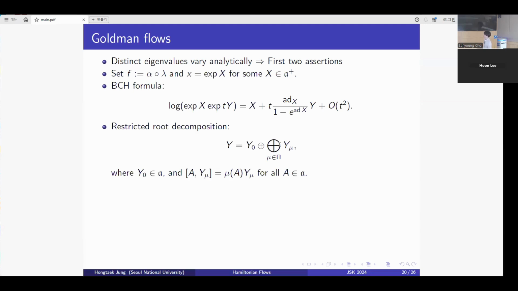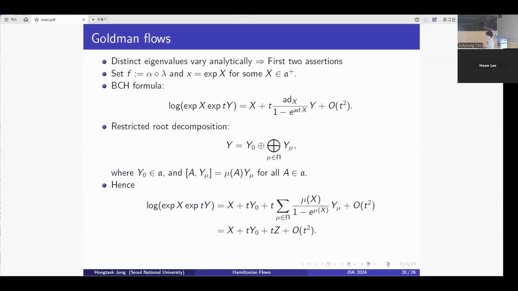You also have the restricted root decomposition, so any element can be decomposed into an element in the Cartan subalgebra and some restricted root vectors, which satisfy this condition. Applying this decomposition, we get eigenvalues instead of the adjoint action, plus a higher order term, which we compress as Z.